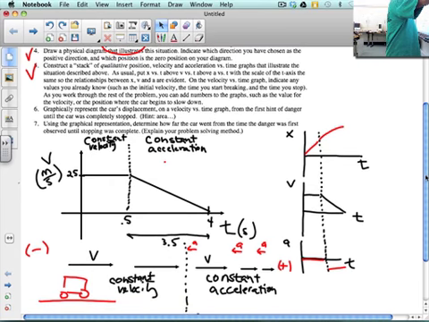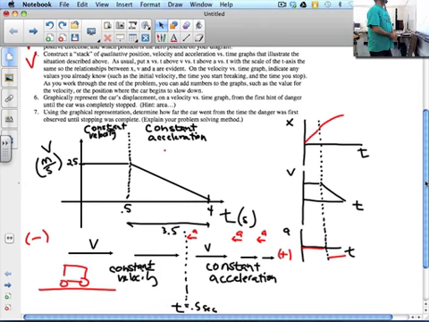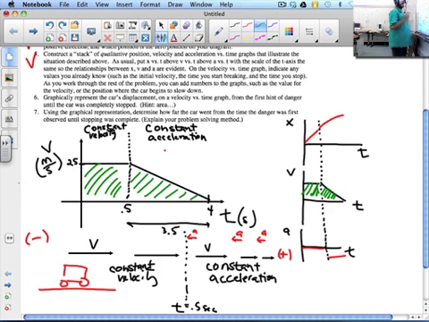We want to graphically represent the car's displacement from the first hint of danger until the car was stopped. Hint, area. Well, the area of your velocity graph, this area here, and that rectangle plus that triangle, that's going to give us our total change in position since danger was first spotted.